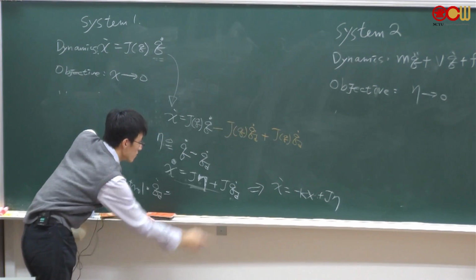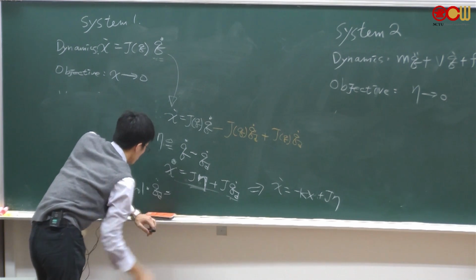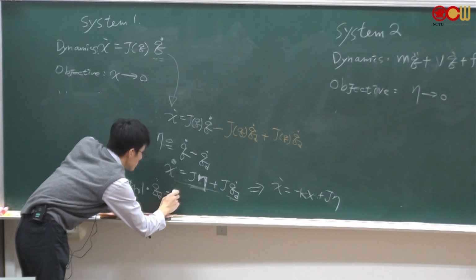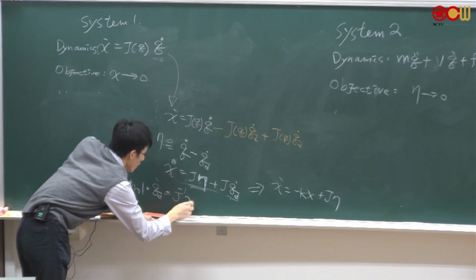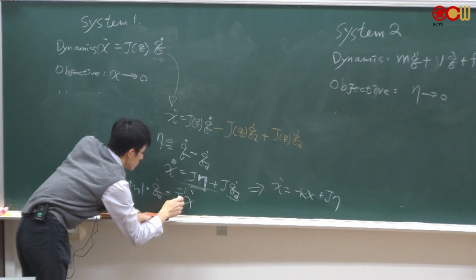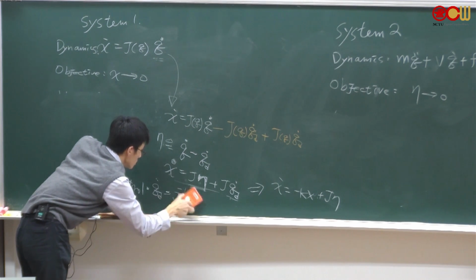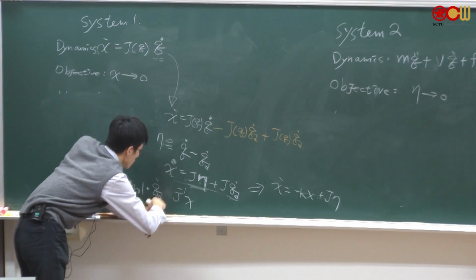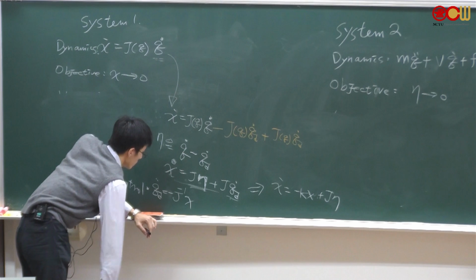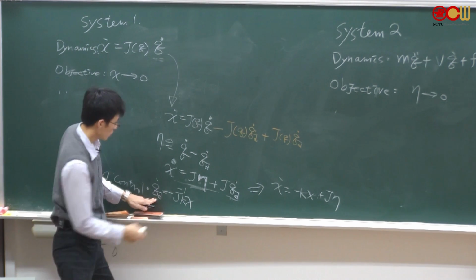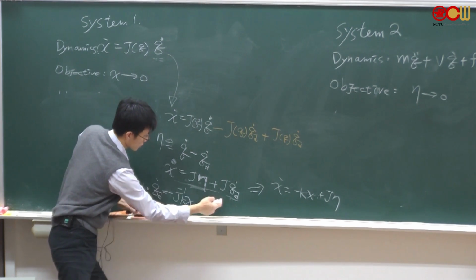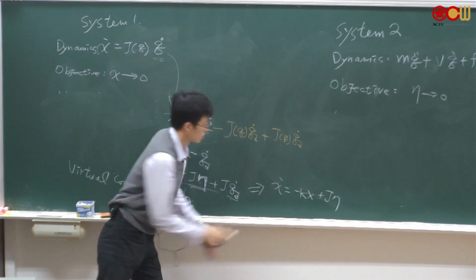So given that, I know that the virtual control has to be designed as J inverse, minus feedback, minus J inverse K X. When you substitute this into here, you will get a minus K X, which is this.